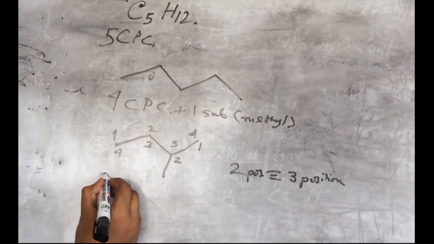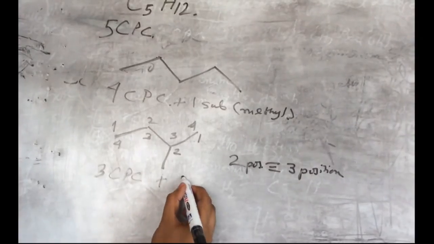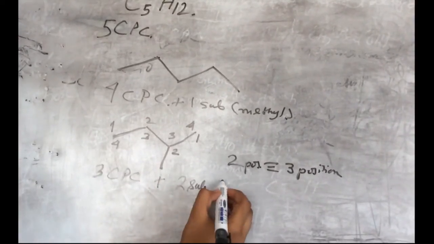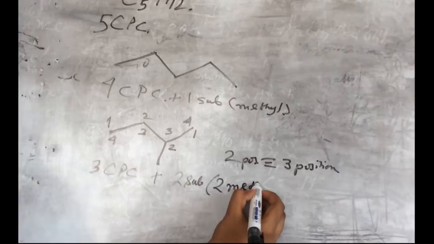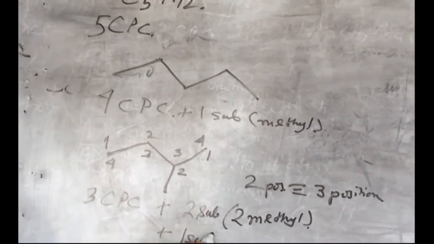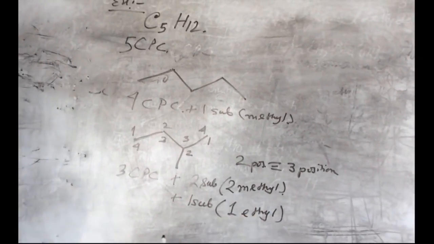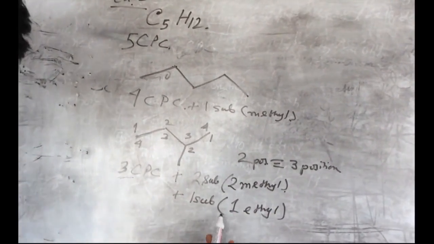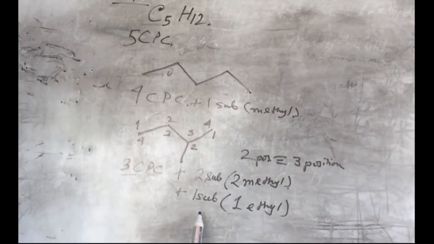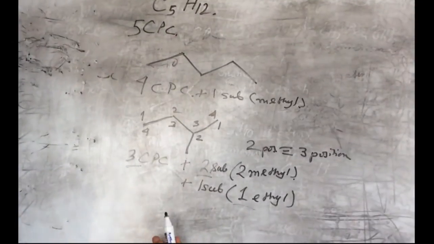Then we will have 3 CPC, 2 substituent, 2 methyl, or 1 substituent, 1 ethyl, because it is C5.